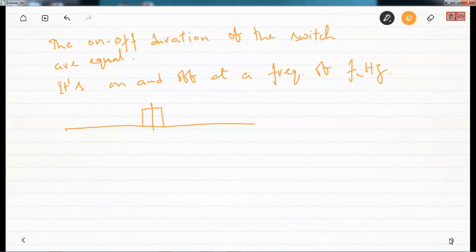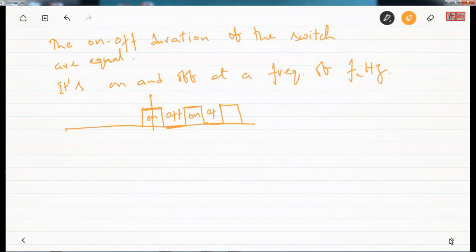The switch is on and the switch is off. On. So this is switch off and this is switch on, right? This is again on, this is off, like this. So this is on, off, off, and so on.